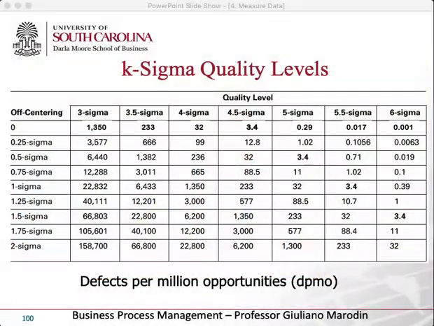I know, it is mind-blowing, but yeah, it did that with me as well when I found that out. And that's what the shift is all about, right? So you're basically saying that your process is worse than that, worse by 1.5 sigmas, because of the variation that will occur with the passage of time.